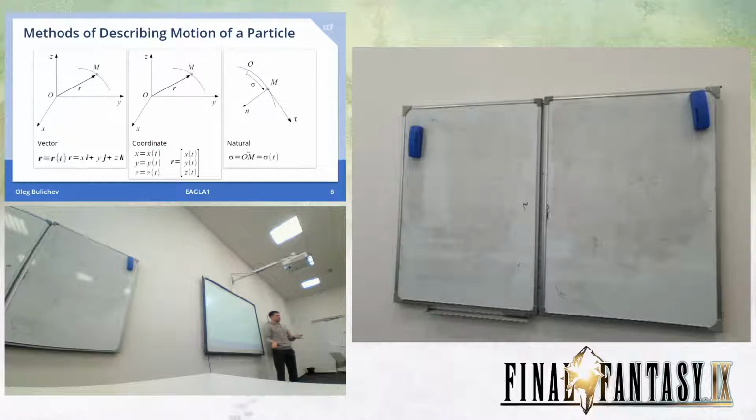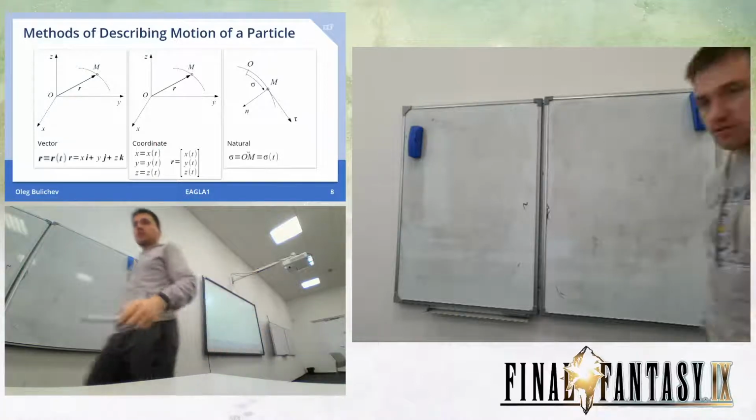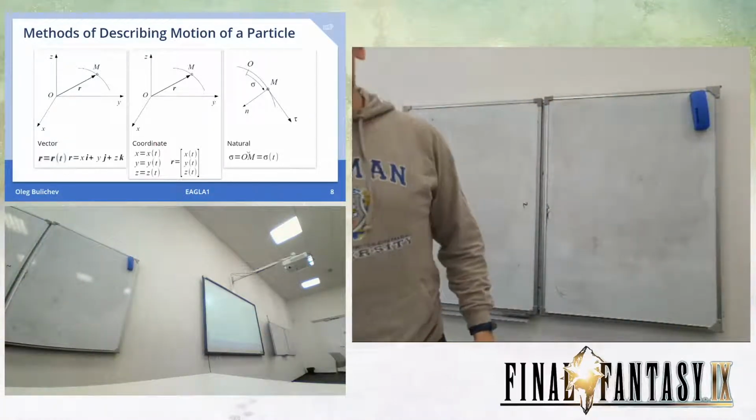You separate your velocities on the x-axis and y-axis, so you put it on a basis. In natural form you are not considering any basis, you just move along the line, and it has some benefits also. How do we find this length? It's the integral under the graph on the x-axis.